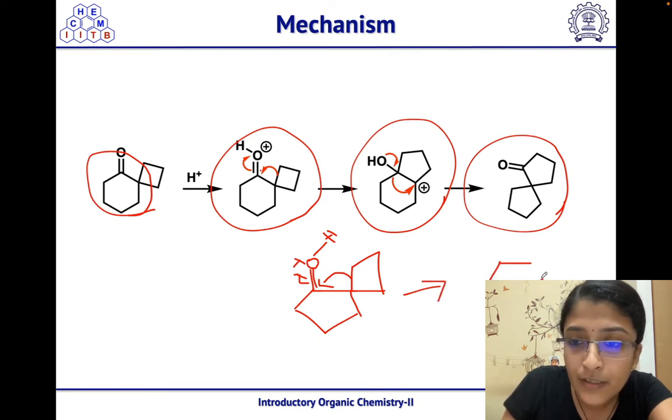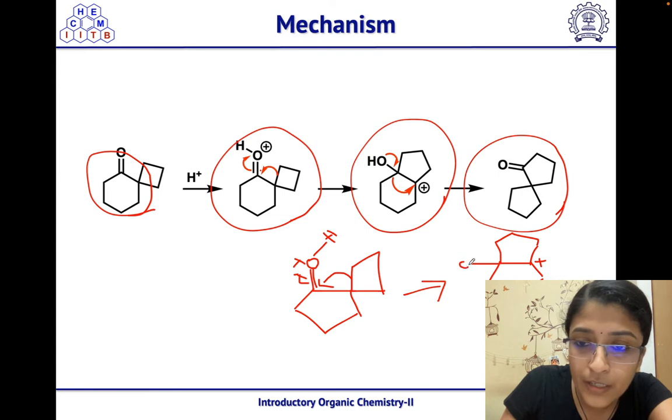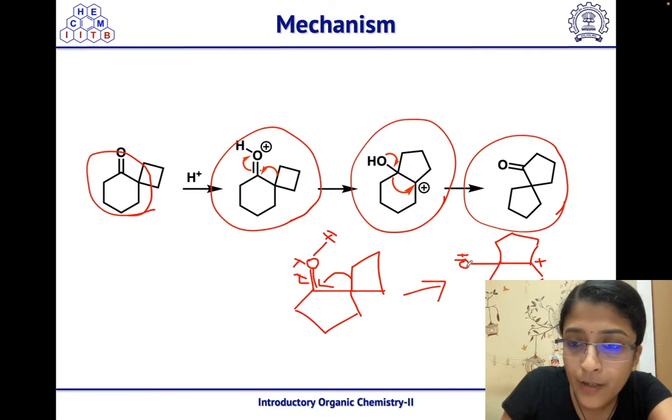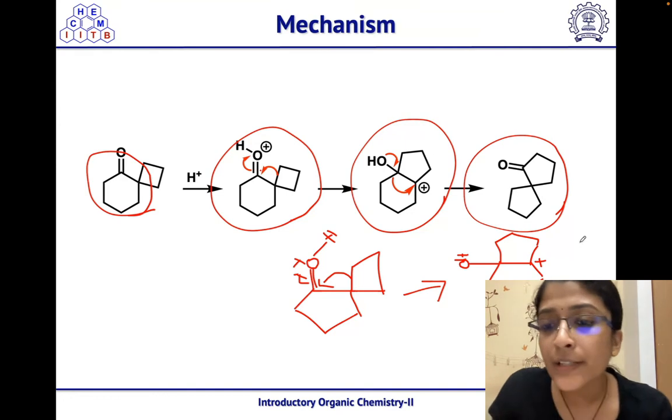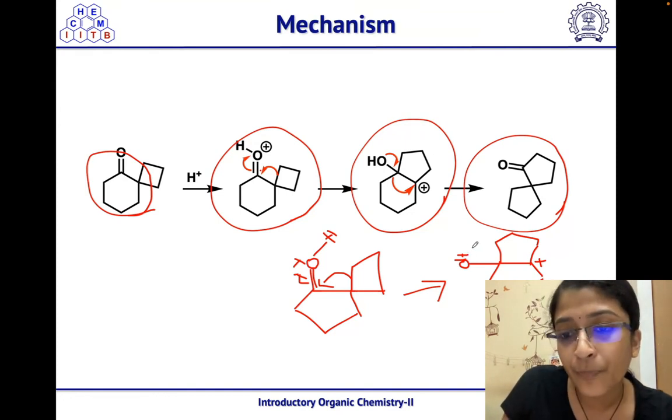We will get a 5-5 fused system like this, and a positive charge will be there at this position and an alcohol at this position, right? Now what if it is falling back, we will get the starting material.